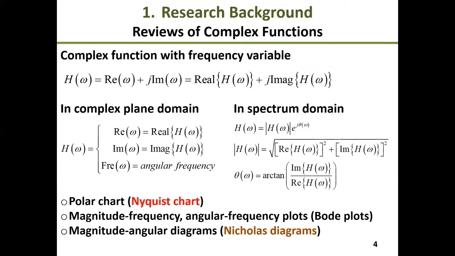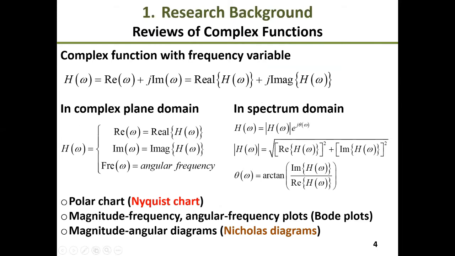And as you know, that's the complex function. Why in this work do we emphasize the behavior of a complex function? Because the conventional theory neglects the stability test. We use the polar chart to investigate the stability of a network. But from the property of the complex function, we can express its behavior in both the complex plane or in the spectrum domain.